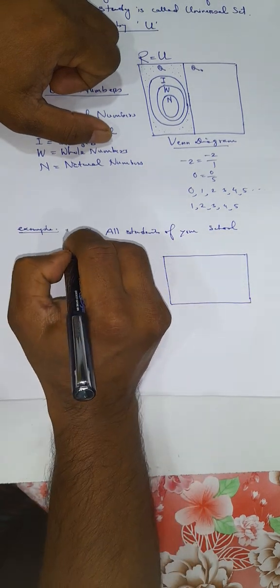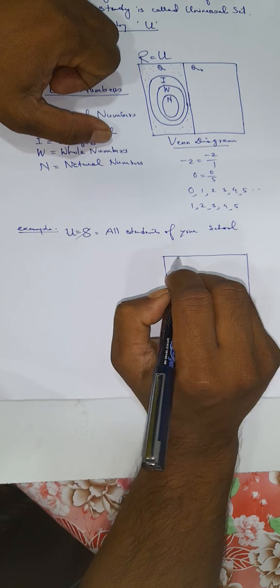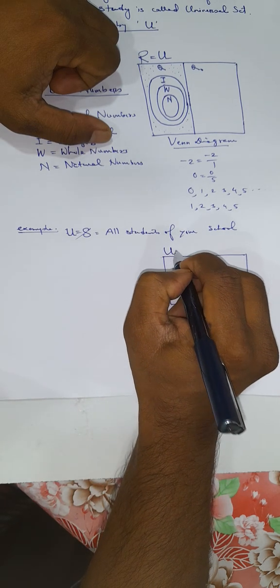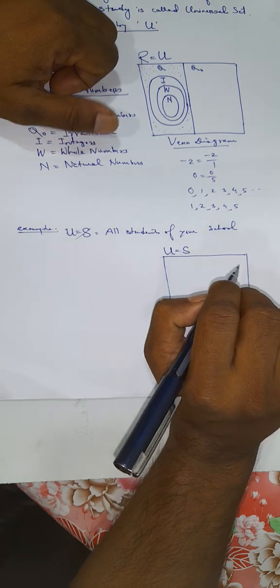So we write U equal to S, all students of your school. The universal set here is S, all students of your school.